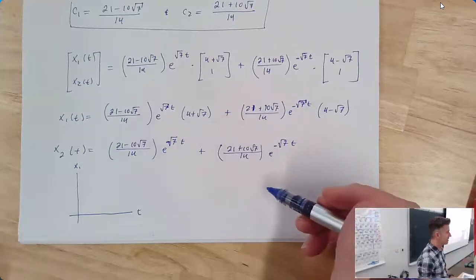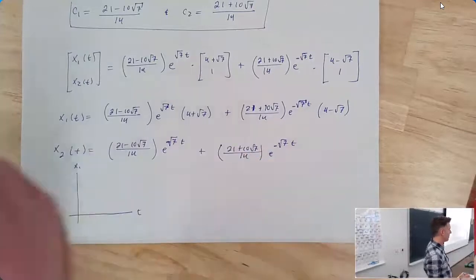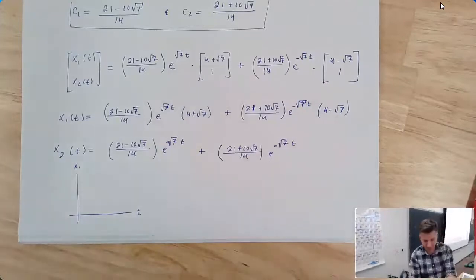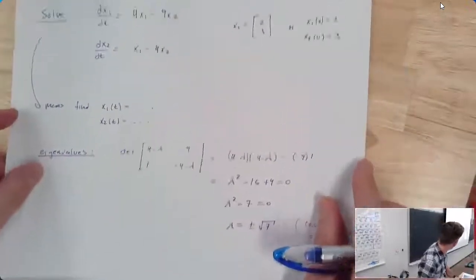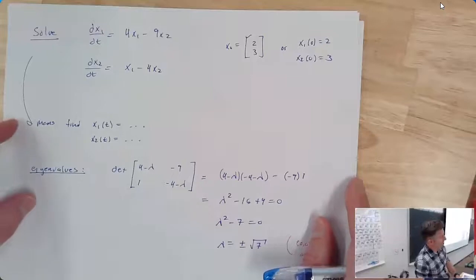If you plug in 0 for t, we know where we start. What's our x1 value if we plug in 0 for t? Let me go back and help you out. What's our x value if we plug in 0 for t? 2. And what's our y value plugging in 0 for t?